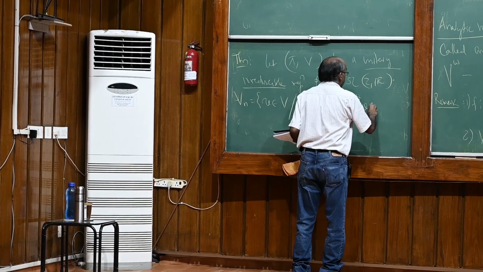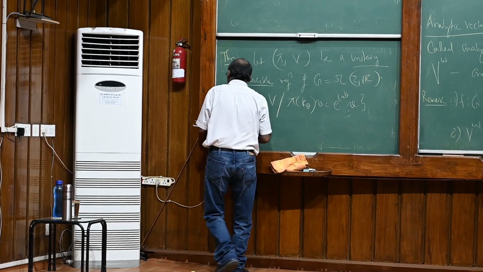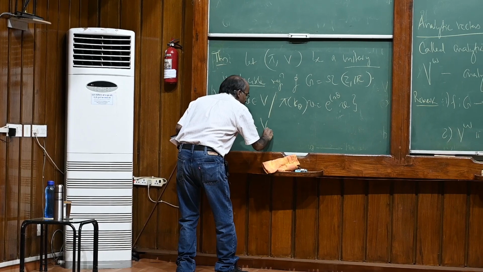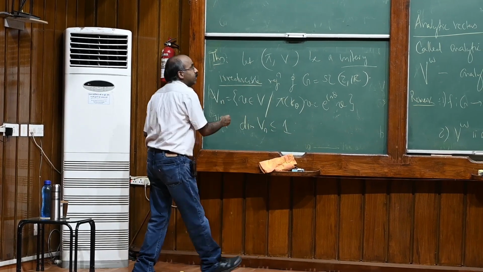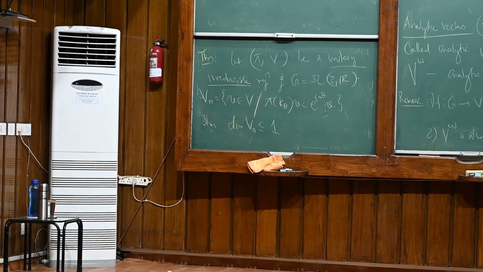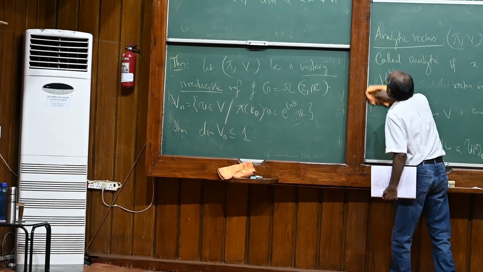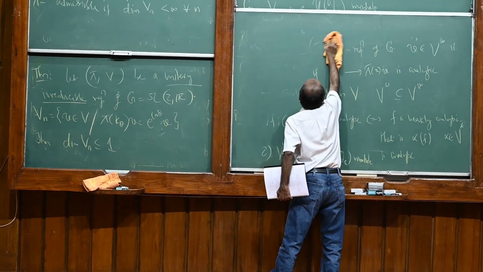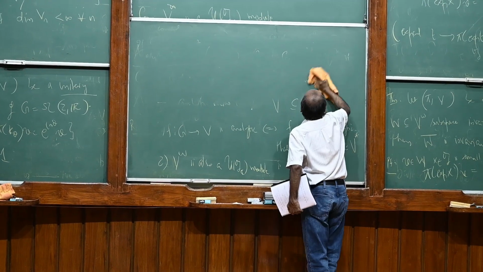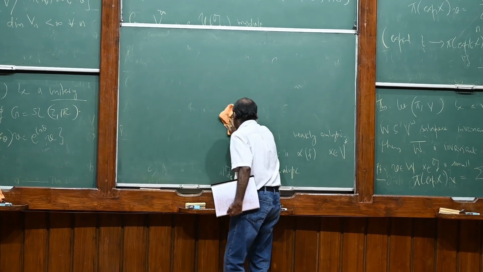Then the dimension of Vn is at most 1. Of course, it can be 0. Some of the Vn's may not appear, but if one appears, its dimension is 1. So, in particular, the unitary irreducible representations are admissible representations, and whatever infinitesimal classification we are doing will be applicable to unitary irreducible representations. That is precisely our aim.